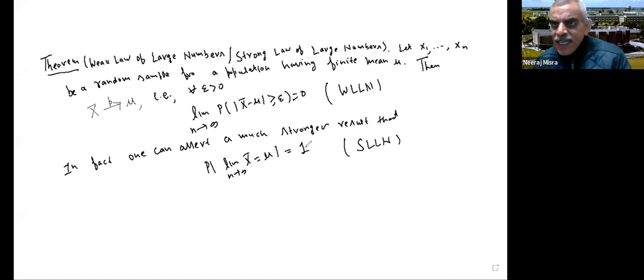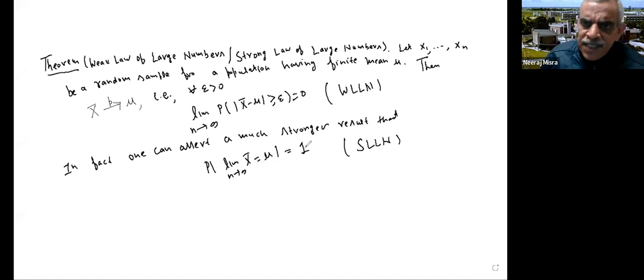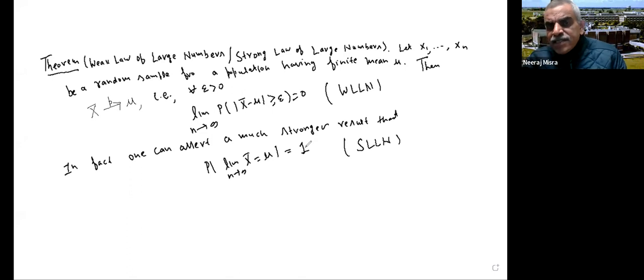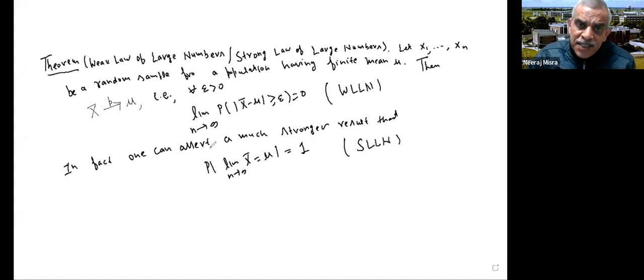That's the difference between the weak and strong laws of large numbers: the strong law asserts a much stronger result. So, in fact, if one has to look at a result, one should consider only this result, because it is much stronger, as this implies this.